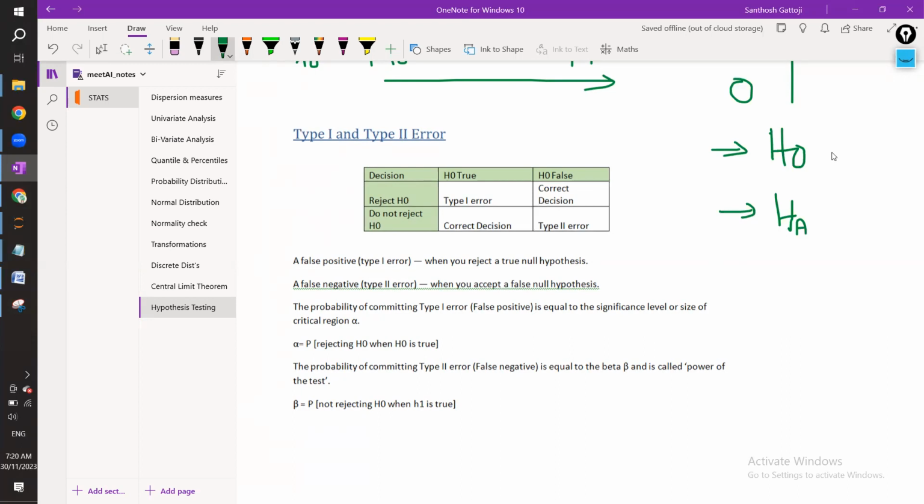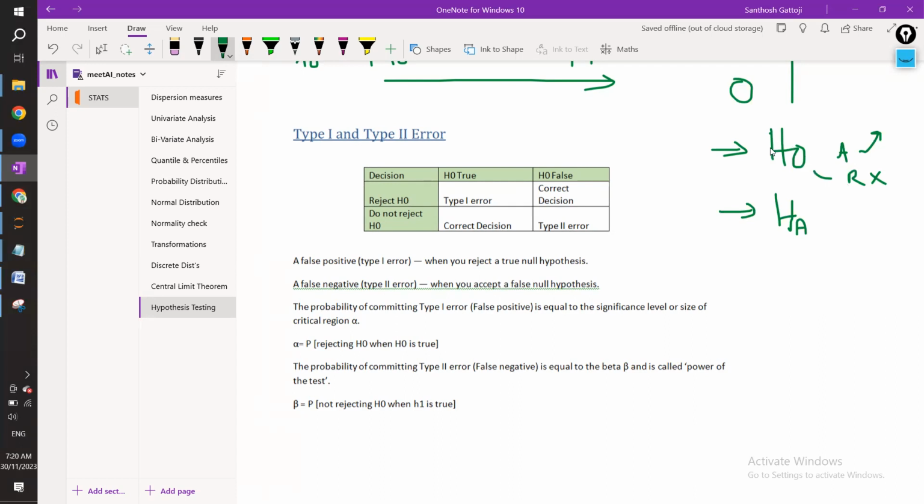Let's say you have accepted the null hypothesis based on your test, but actually it was false. The null hypothesis was false, but we have accepted it. Whatever the null hypothesis was stating was false, but we accepted it. That is wrong. The second scenario is that the null hypothesis was actually true, but we have rejected it. That is also wrong.